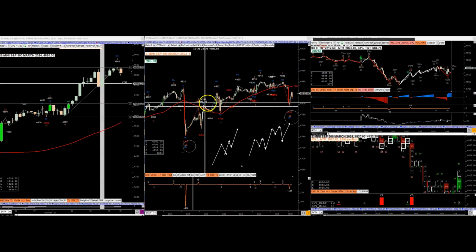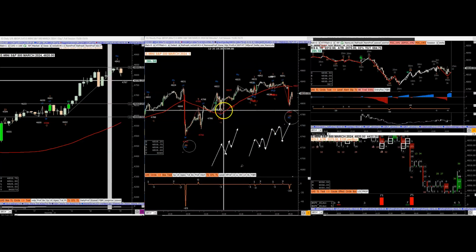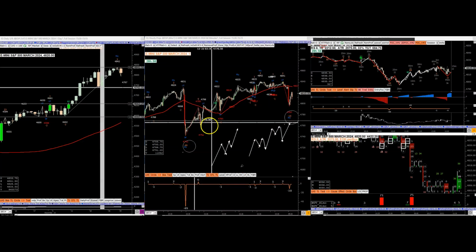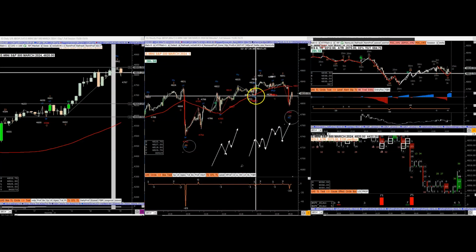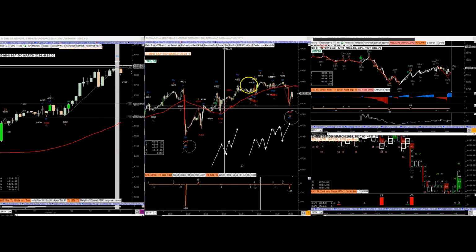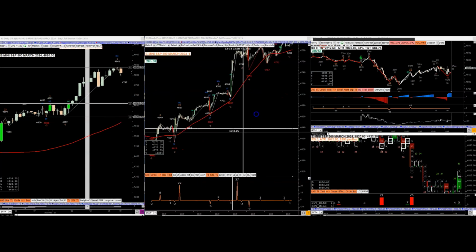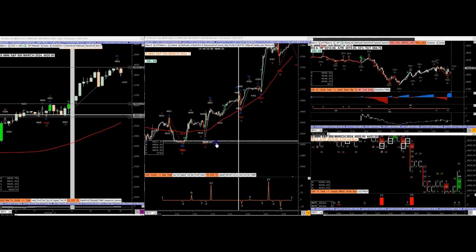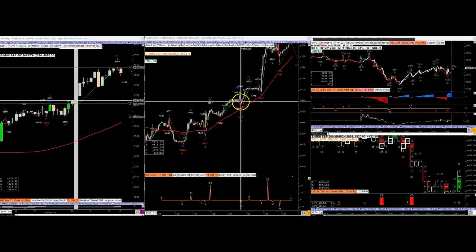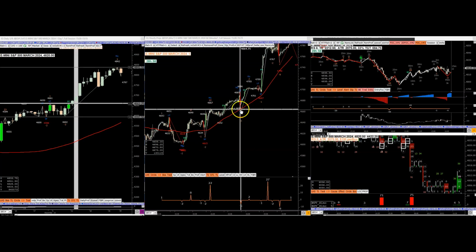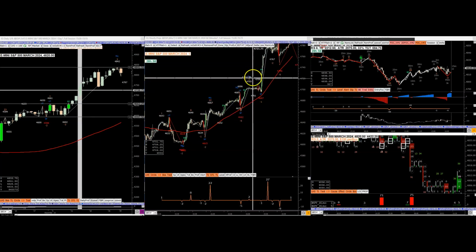I'm showing you mechanically how it's happening. Look at this. Rally, lower low, spring, boom. Rally, lower low, rally, higher high. Here again. When the market starts trending, this is what it does. Rally, pull back, rally, low, upthrust, spring, makes the lower low. That sets up the higher high.